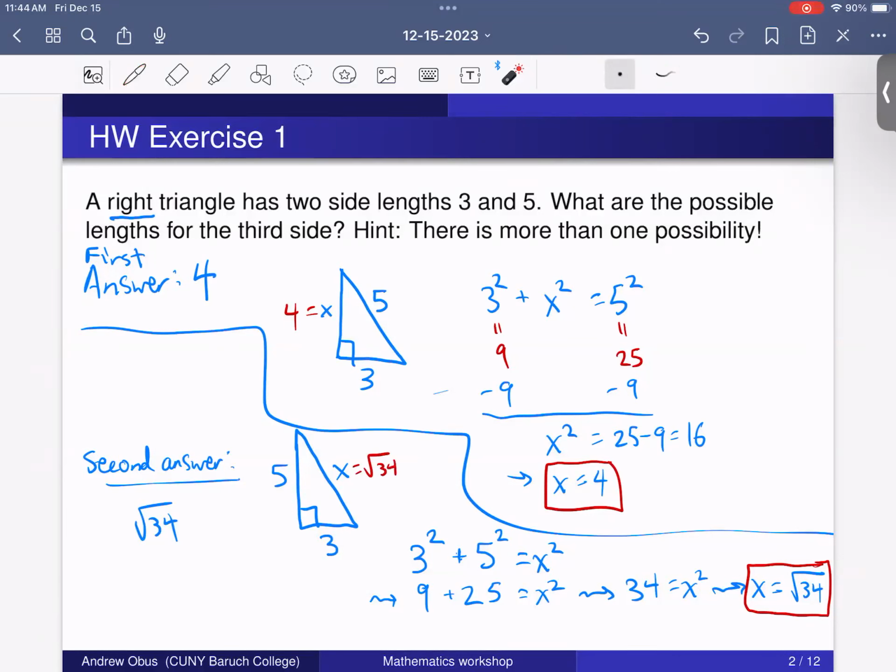Okay. And now here's a question. Could I take 3 to be the hypotenuse? Like here we took 5 to be the hypotenuse, and here we took x to be the hypotenuse. Could I draw the triangle with 3 as the hypotenuse? No, why not? Yeah, I don't think I'm getting you clearly, but please come on with the question.